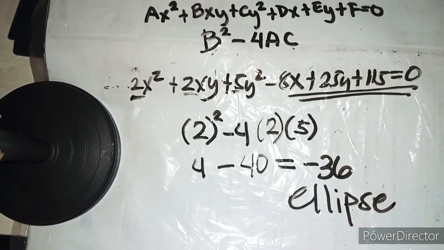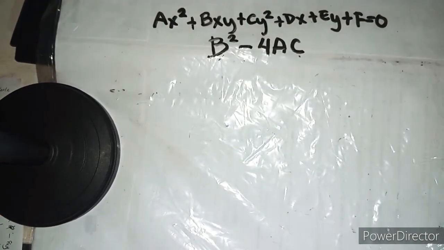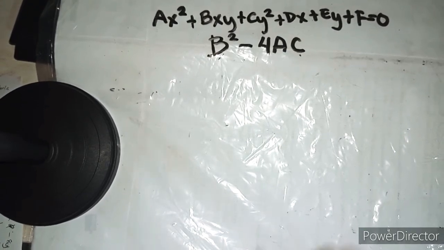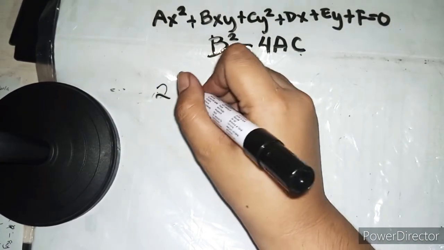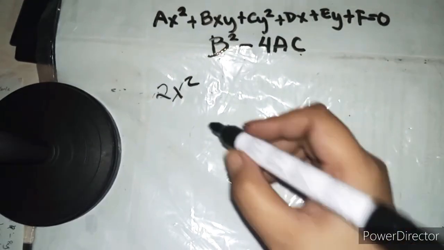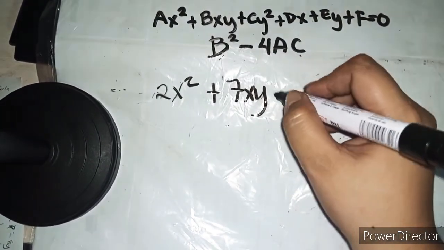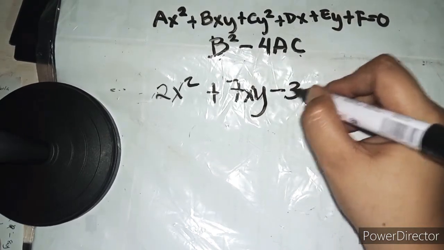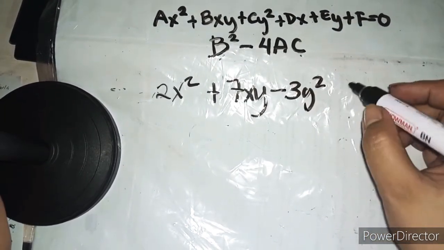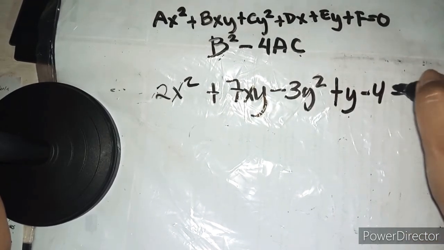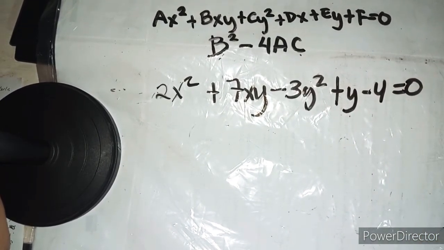So let's have another example. Okay, example number 5. Suppose we have 2x squared plus 7xy minus 3y squared plus y minus 4 is equal to 0.